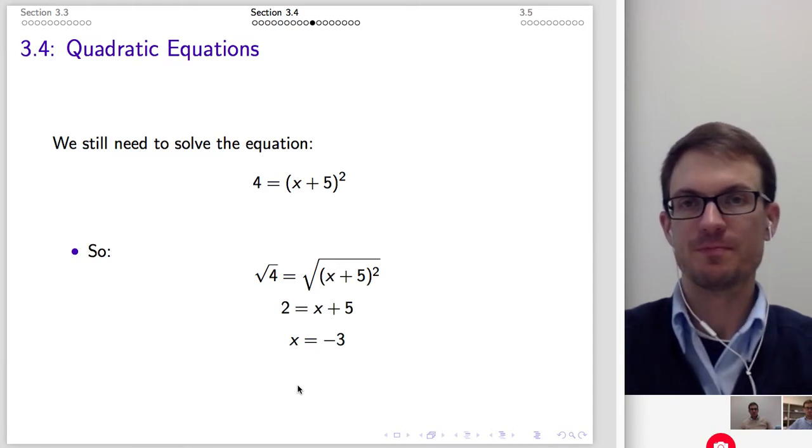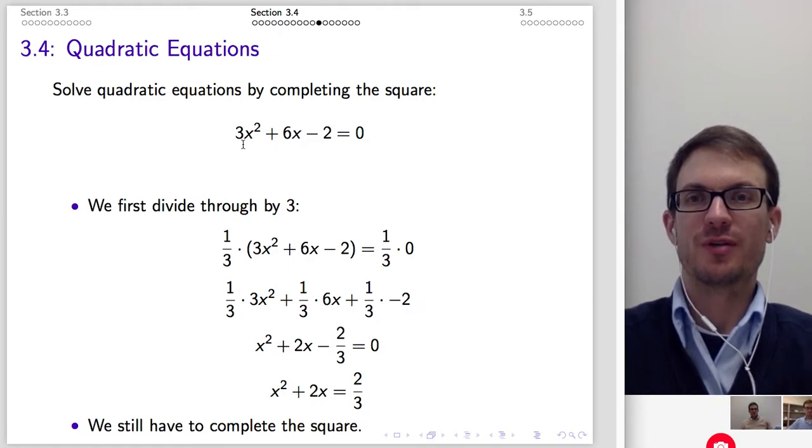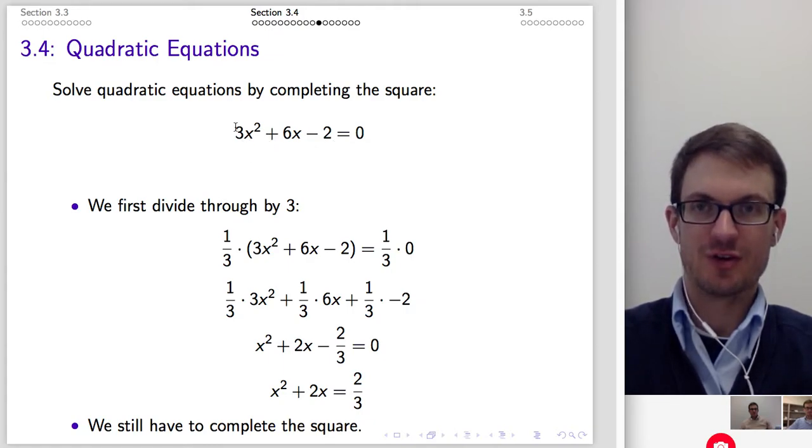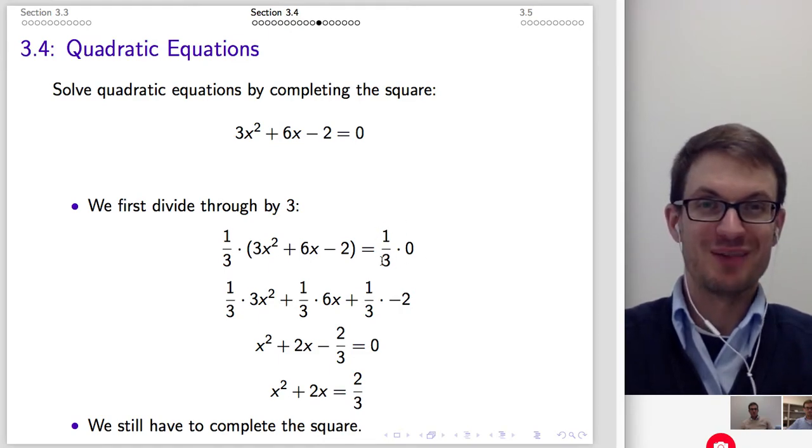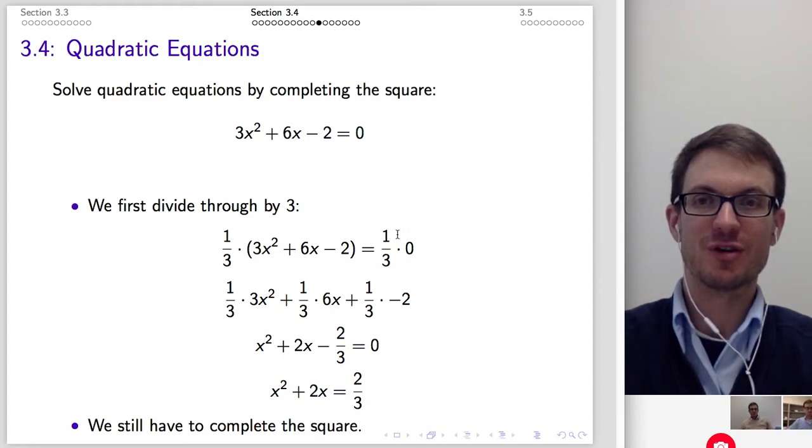All right, awesome. And this last one, well, let's first get rid of this a term, right? I want this a to be 1, so what can I do? I can multiply through by 1/3. Notice I multiplied this side, 1/3 times 0. Why did I do that? Well, this is to reinforce that if I'm going to multiply through by 1/3, I've got to do the same thing to both sides. Real convenient over here because this just drops out, that's just 0.